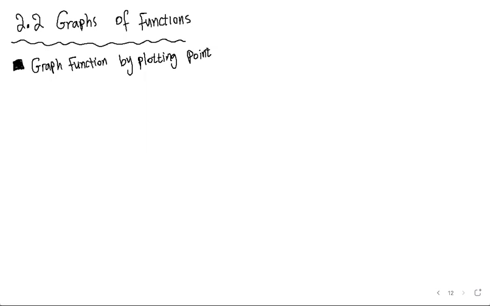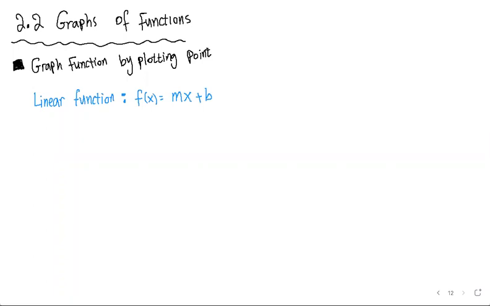But before I go over these things, let me give you some types of function. First one is called linear function. The linear function looks like f of x equals mx plus b.